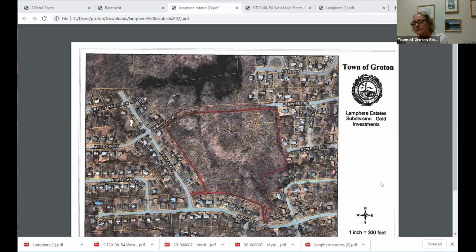That's right. I'm going to share my screen so you can see where this subdivision is. So Lampyre Estates is a 6-lot subdivision. It was originally approved by the Planning Commission February 8, 2005.